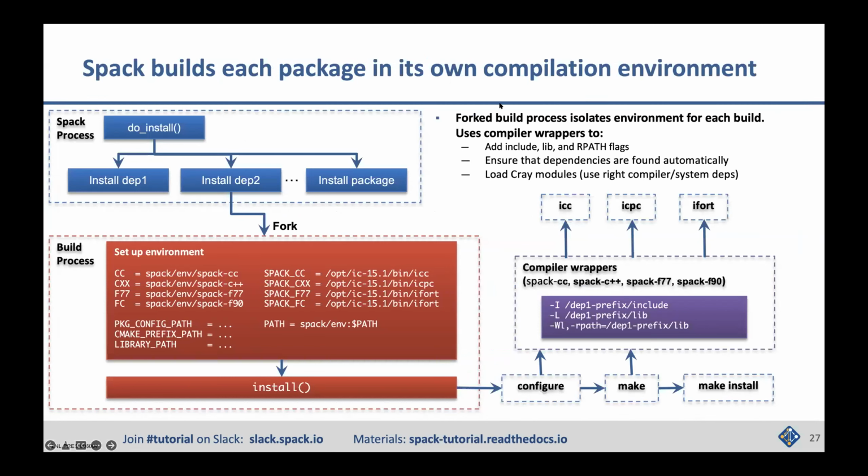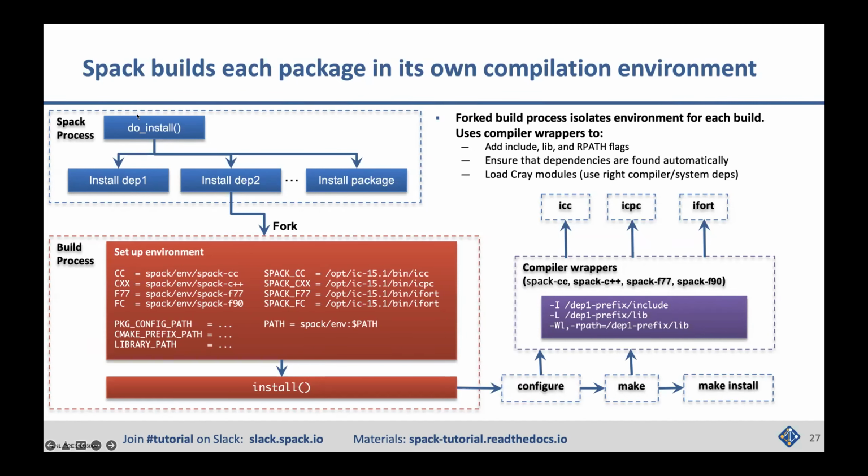The other thing that Spack does is it tries very hard to ensure that you get the dependencies that you said you wanted. One problem with builds on supercomputers is that they can be very sensitive to environment variables. So if things are set wrong, say in your LD_LIBRARY_PATH, or if you set a compiler variable the wrong way, it can leak into your build, and it can cause you to get an inconsistent build.